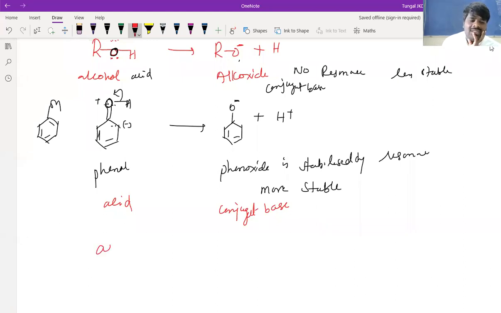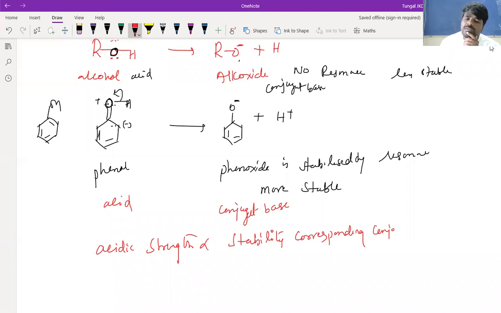See, acidic strength is directly proportional to the stability of the corresponding conjugate base. If the conjugate base is more stable, here phenoxide is more stable, and so the conversion takes place faster.